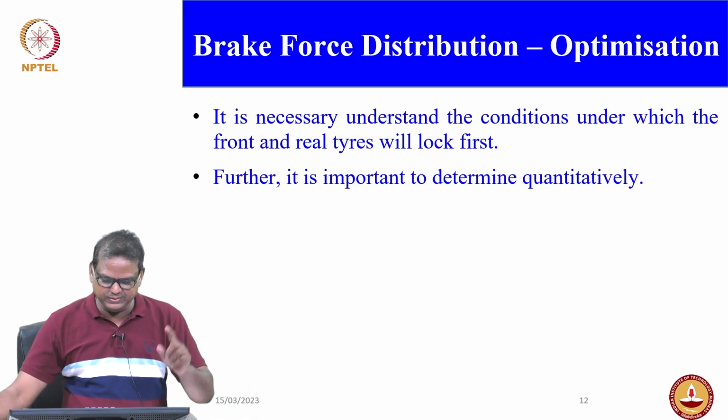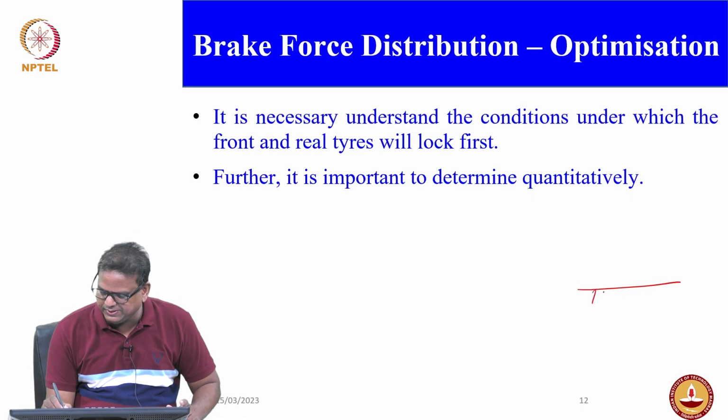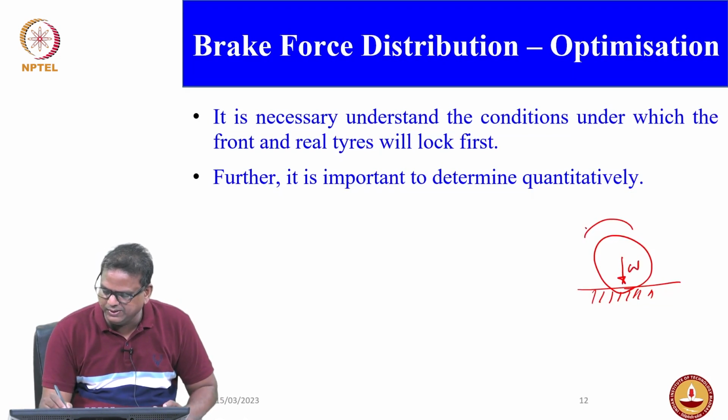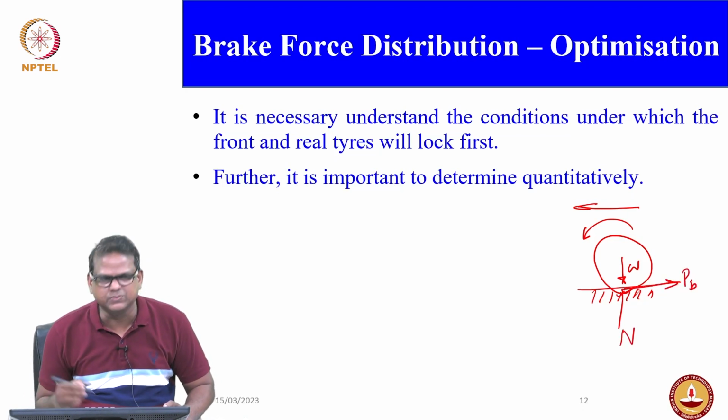As I said earlier, remember you have a surface here, the road surface, the wheel is there. There is a heavy load, this is the vehicle weight, and it is moving in this direction. Obviously the rotation will be anti-clockwise. So this is the reaction force, and this is your braking force. This is what happened.